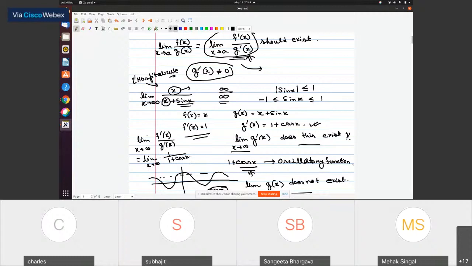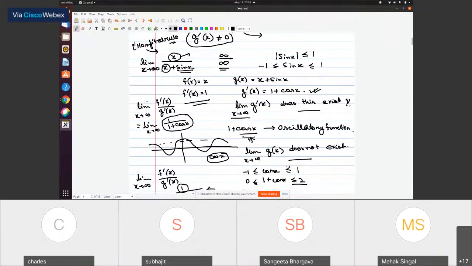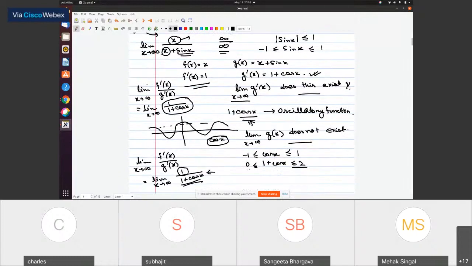Now, my point is this is an oscillatory function, right? Because cos x is an oscillatory function. I mean, cos x lies between -1 and 1. This is what the graph of cos x looks like. So 1 plus cos x will oscillate between 0 and 2, if cos x oscillates between -1 and 1.